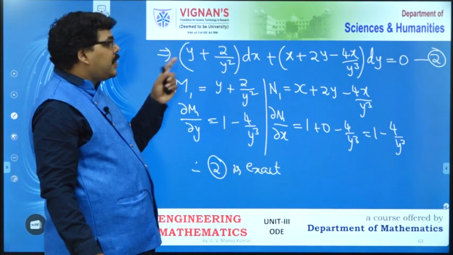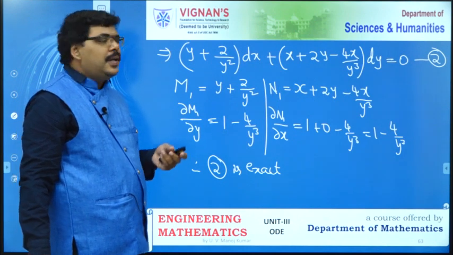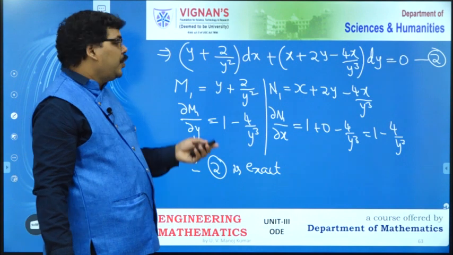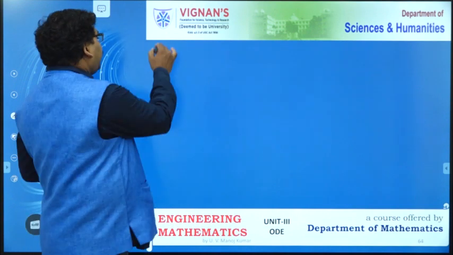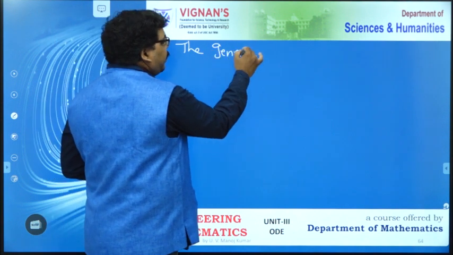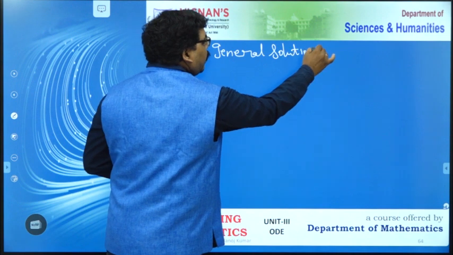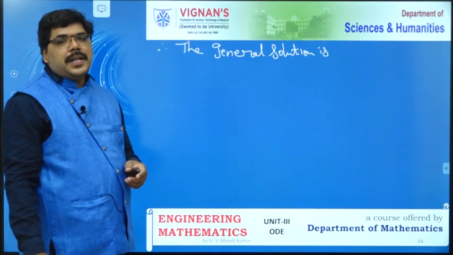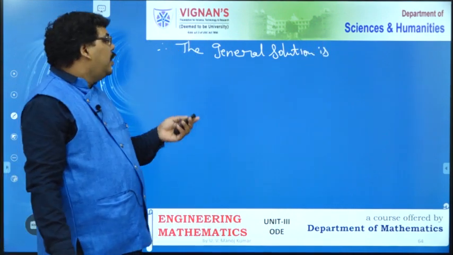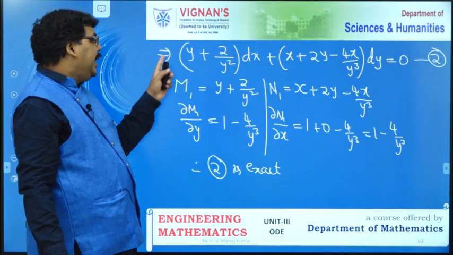When you know that this differential equation is exact, we find its solution. What is the solution? Integrate term by term. So the general solution is: write the differential equation 2 and integrate.